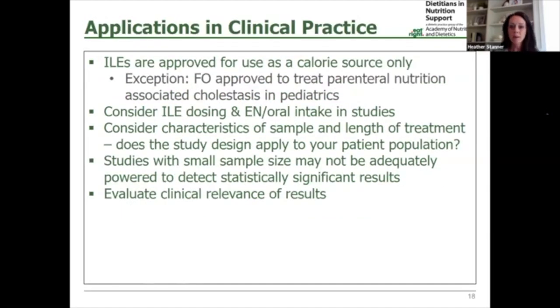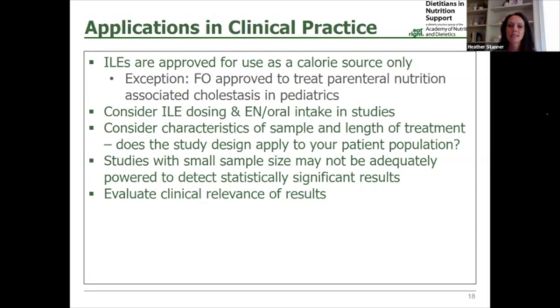So how do we apply any of this information into clinical practice, or are we able to do so? First, I just wanted to mention that ILEs are approved for use as a calorie source only. So when you're looking at prescribing information for the various ILEs, you won't see a decrease in infections as an indication for use.